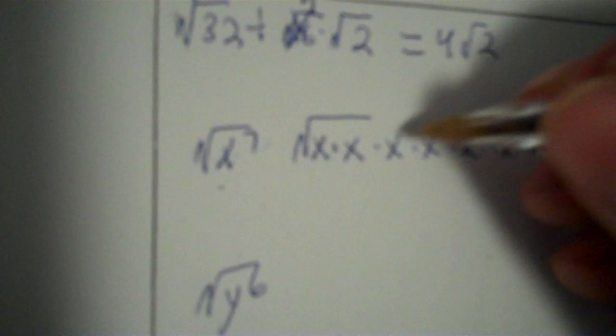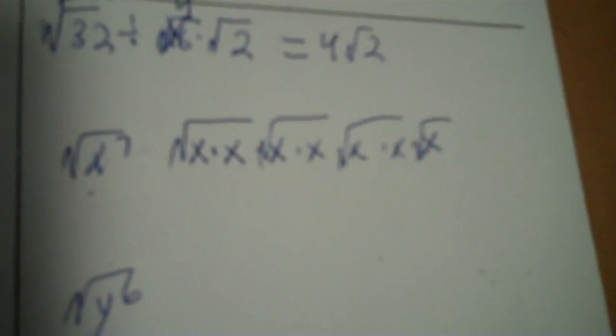Now the square root of x to the 7th power. Remember, we don't know the value of x. I know that there are 7 factors of x, so I would split that into x times x times x times x times x times x times x. It's like you're factorizing the x to the 7th. Then put the square root so it covers 2 at a time, but the last one gets its own square root.